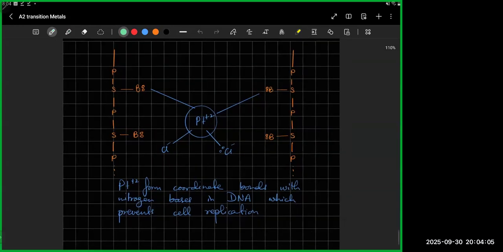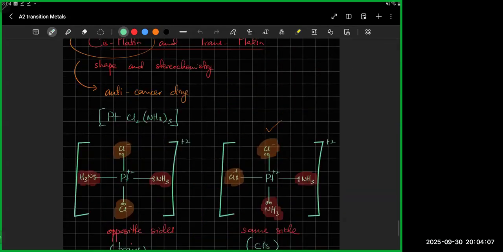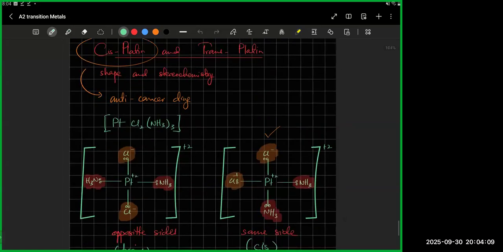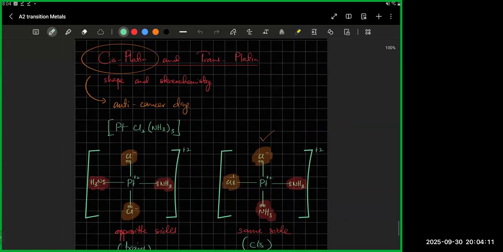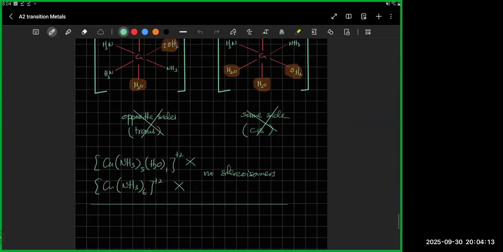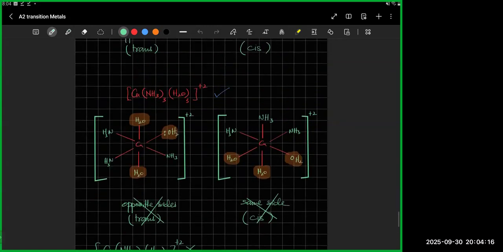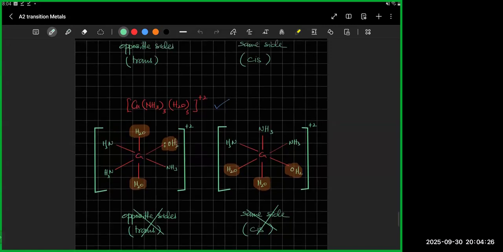So we were doing isomers basically. In isomers we did cisplatin, we did transplatin, we did cis and trans isomers, while we were doing these ones. The ligands can be arranged in different ways.